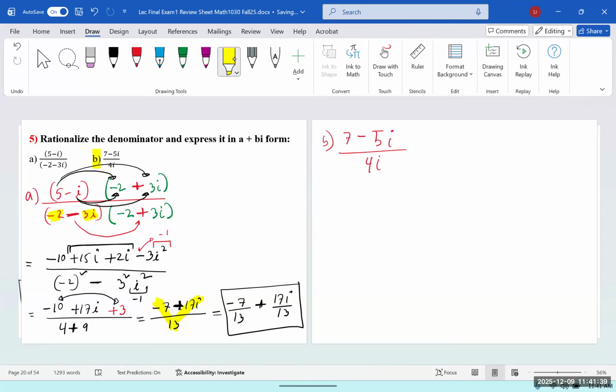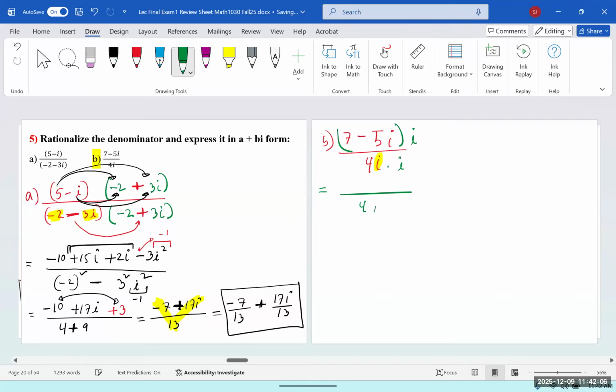Now the denominator has only one problem, this i. 4 doesn't have any problem because 4 is real. i is the only problem because i is not real. So we multiply the numerator and denominator by the problem, i. Do not multiply by 4i. Multiply by only i, because 4 doesn't have a problem.